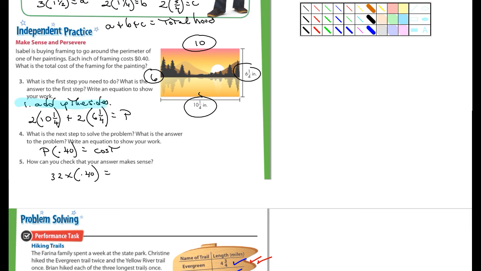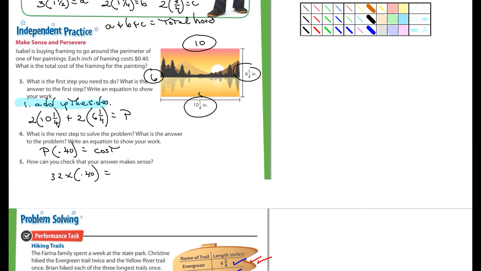So 2 times 10 1/4, and then 2 times 6 1/4 equals the perimeter. You're just adding up the sides. Number 4, what's the next step to solve the problem? Well, the perimeter, that's what P represents, times 0.40, because that's the cost for each inch of this particular frame.